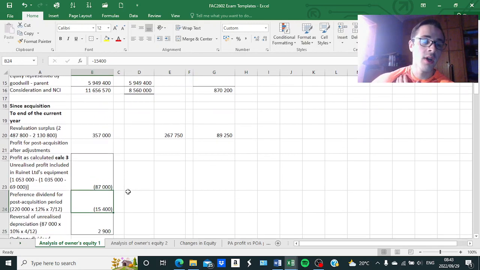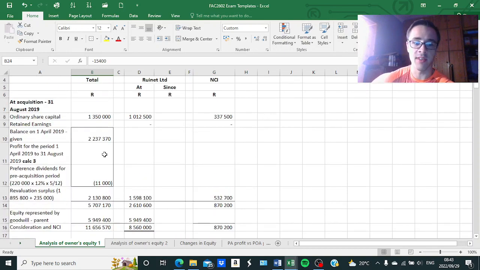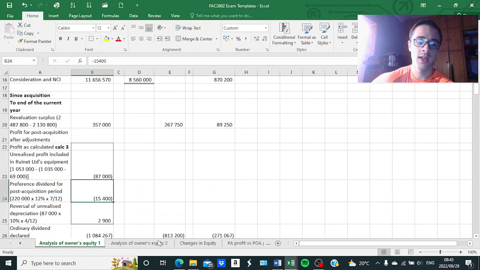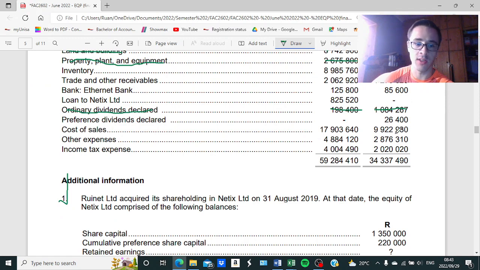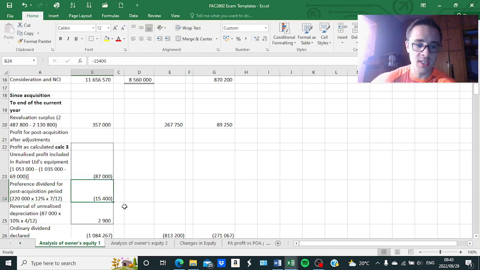You will also arrive at 15,400. Furthermore, if you want to make sure that you have calculated these amounts correctly, you can add together the amount of 15,400 and 11,000, and that will also give you 26,400 as reflected in your trial balance. So we subtracted from the profit for the post-acquisition period, and then we need to transfer this amount to the analysis of owner's equity of preference share capital.